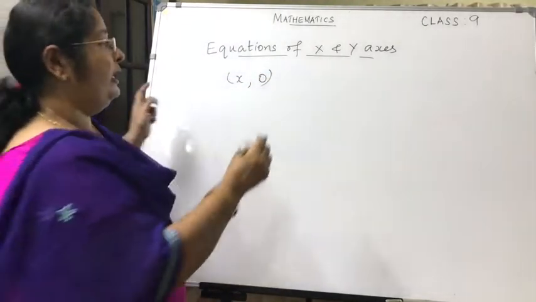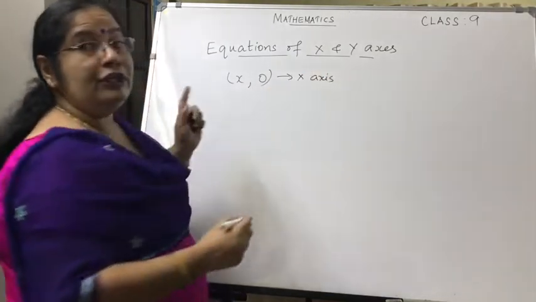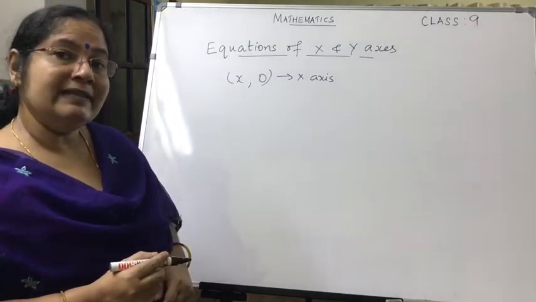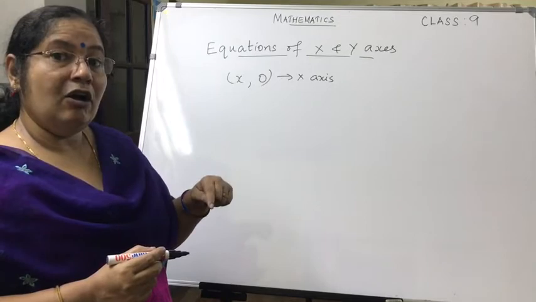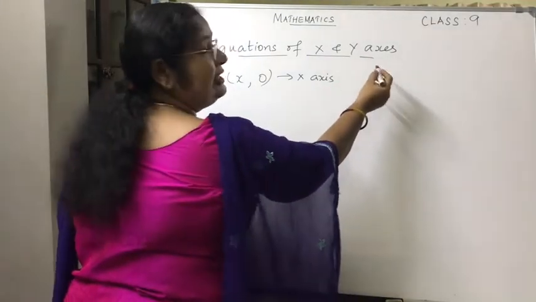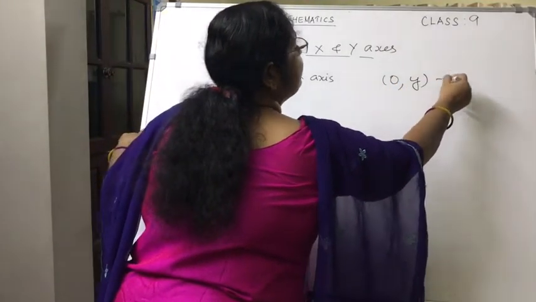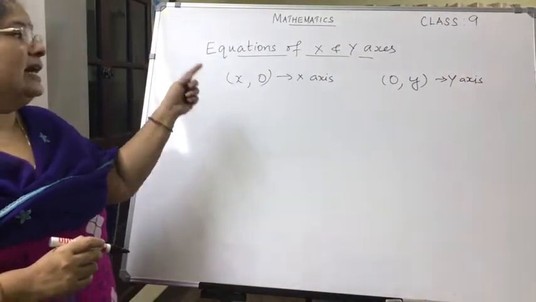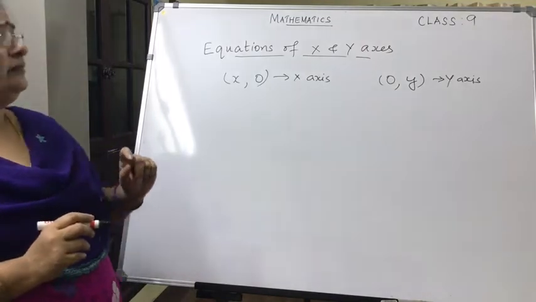Same way, what is a point on y-axis given as? Point on y-axis means the x coordinate will be 0. So on the y-axis, the point is given as 0 comma y. So these are points on the x and y axis.